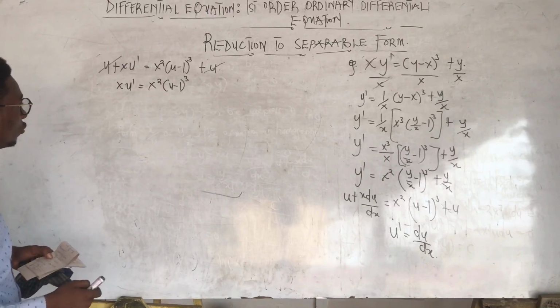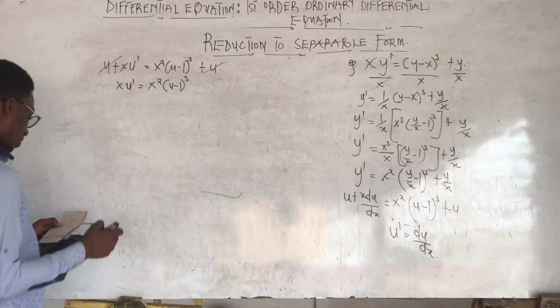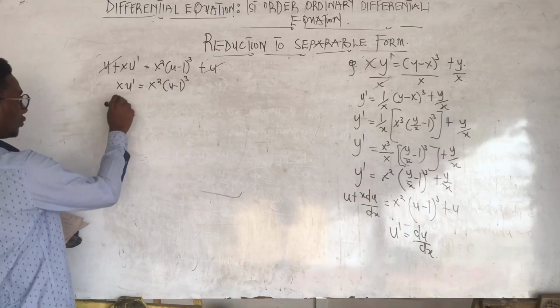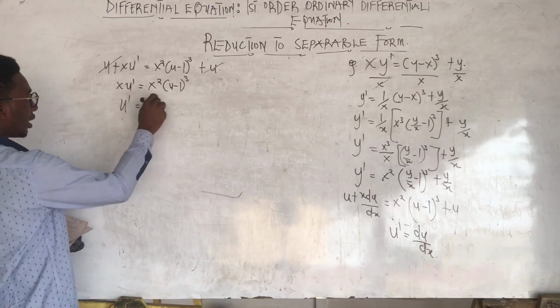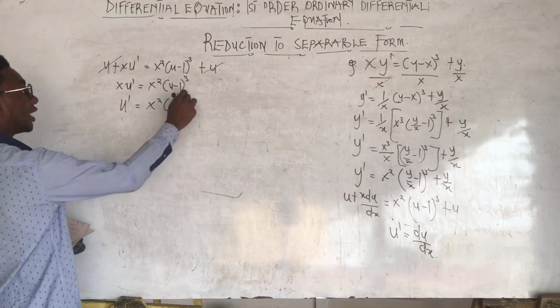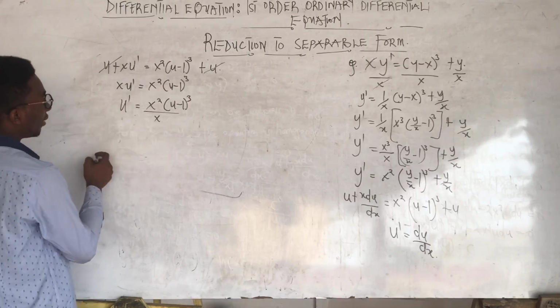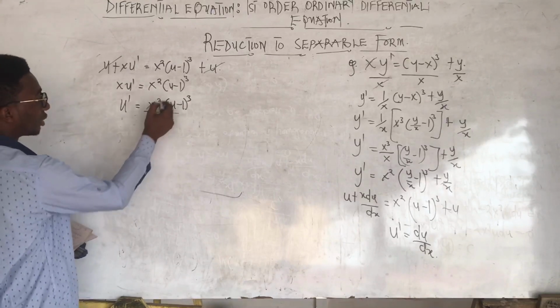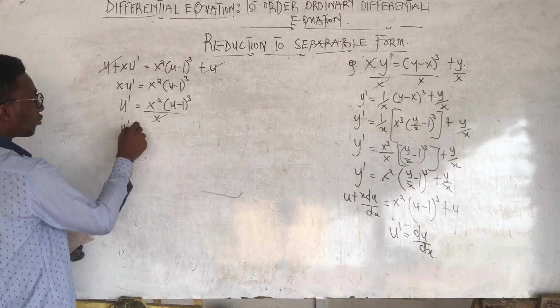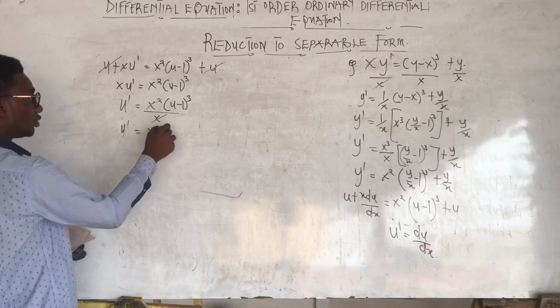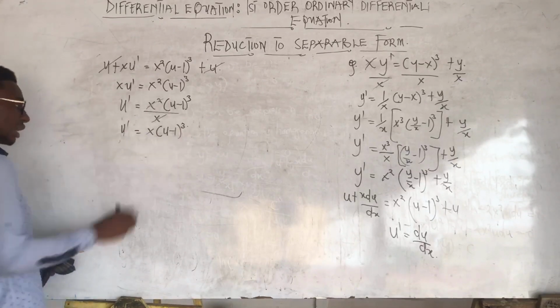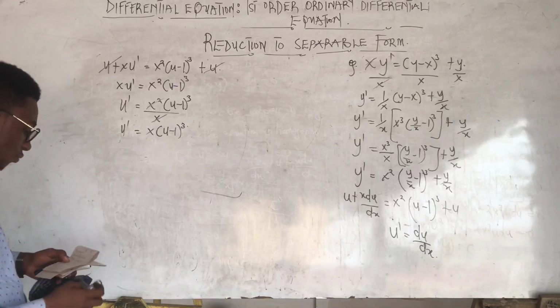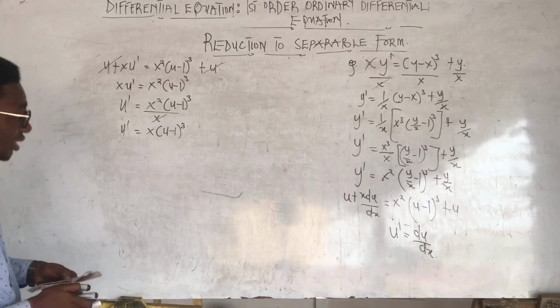Now making u prime the subject, you divide both sides by x, which takes one x away. So you get u prime equal to x times (u minus 1) all cubed. And here you can find a way to separate the function.